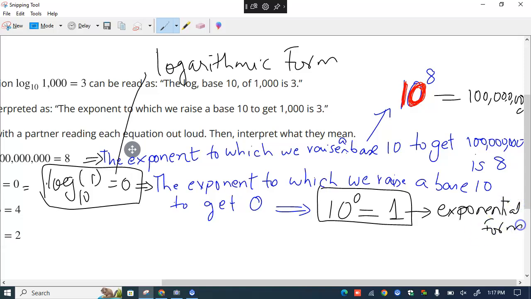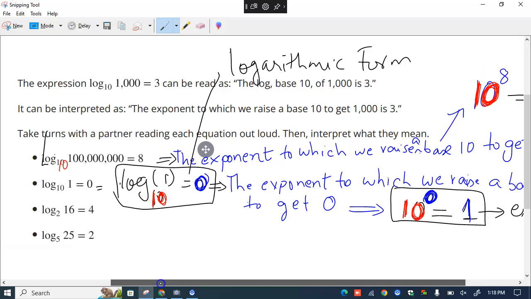The base in the exponential form, I use the red color. When you write it in the log, you write the base next to the g, but at the bottom. And the exponent, I'll use the blue color, which is 0.